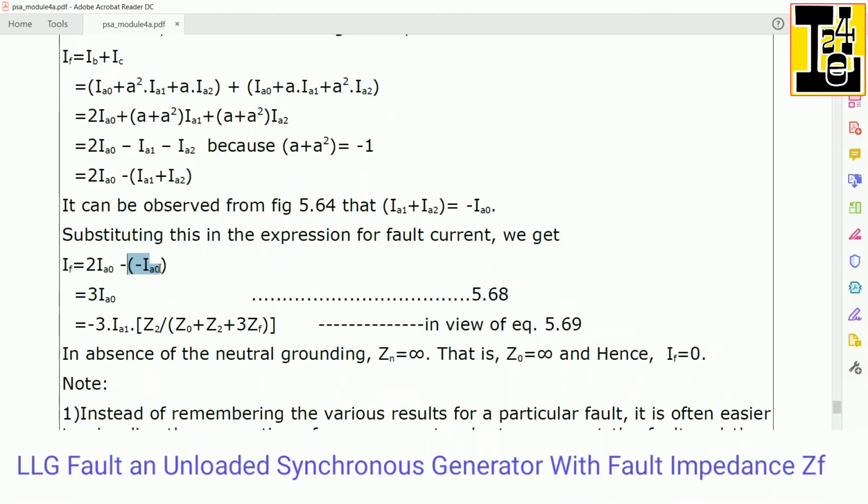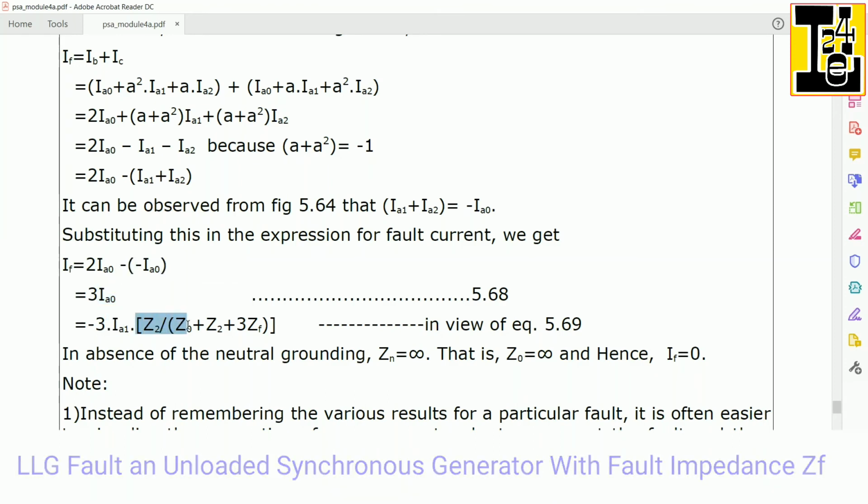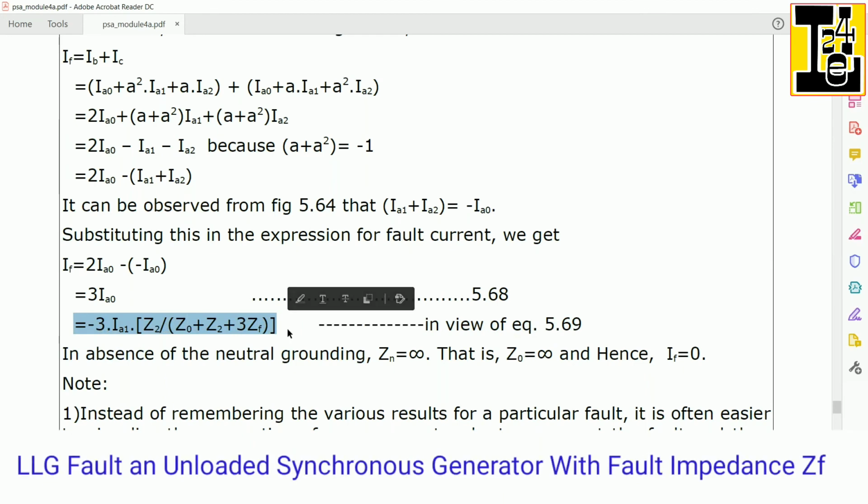Substituting, we will get minus of minus as plus. 2 IA0 plus IA0 will become 3 IA0. So IF becomes 3 IA0. But we can elaborately write that IA0 is equal to minus IA1 into Z2 divided by Z0 plus Z2 plus 3 ZF. So this is the final expression for the fault current when an LLG fault takes place on an unloaded synchronous generator via the fault impedance ZF.